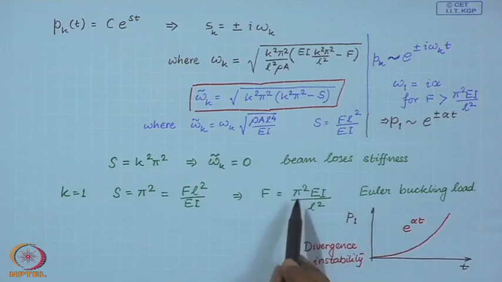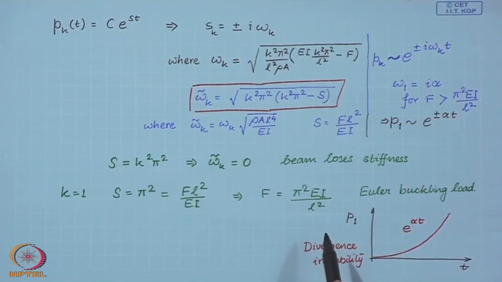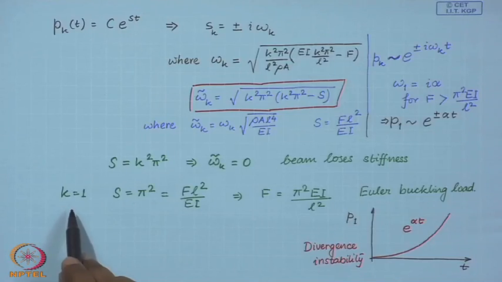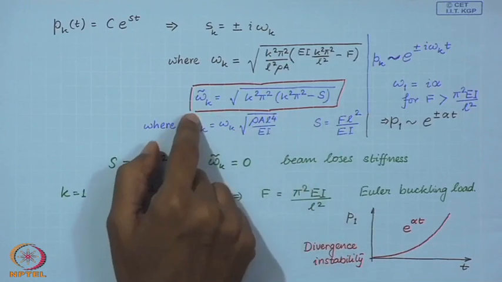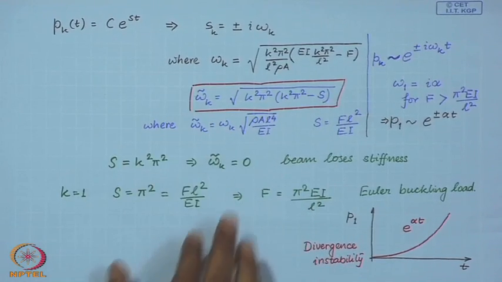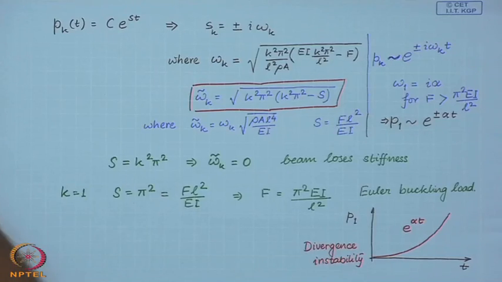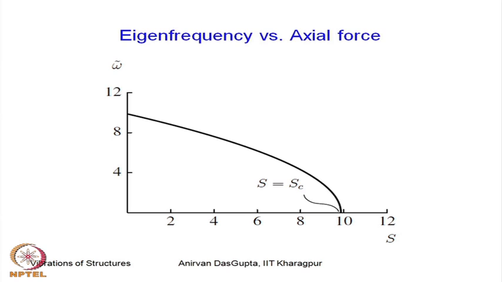So, when the axial load exceeds the Euler buckling load for the first mode, then you have this divergence instability and the beam actually buckles. So, let us look at the variation of this frequency with increasing load. Here I have plotted this non-dimensional circular frequency with the non-dimensional load.